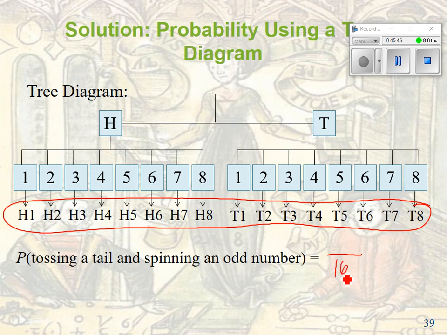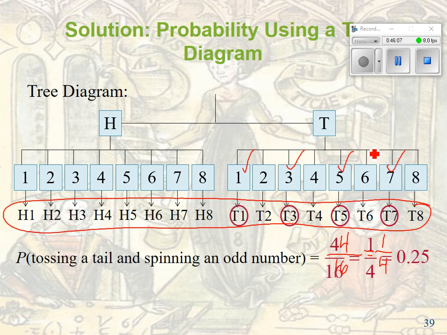How many odd numbers with a tail? 4. Everybody agree with that? 1, 2, 3, 4. So what's the probability of tossing a tail and getting an odd number? 4 out of 16, or 1 in 4, 25% of the time.